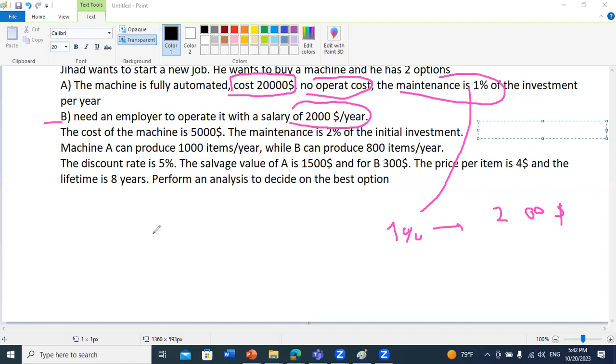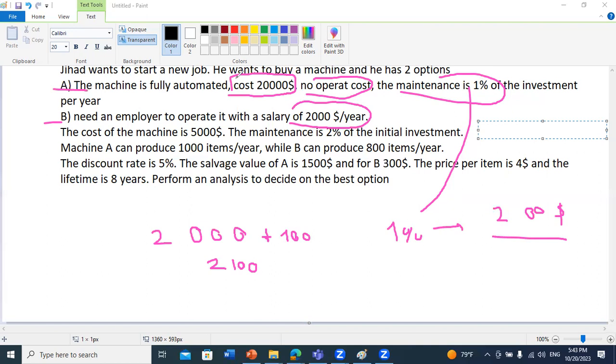So for the cost, you have 2,000 in addition to the maintenance, which is 2% of the initial investment, which is $100. So in total, you should pay $2,100 per year as costs. While for option A, the costs are much smaller, which is an advantage for option A.